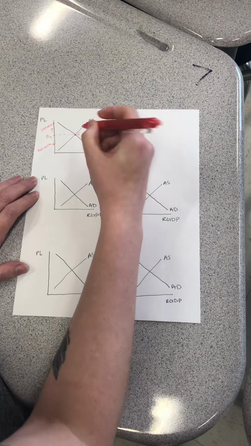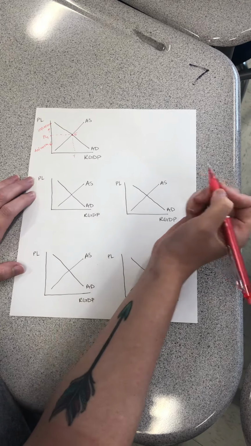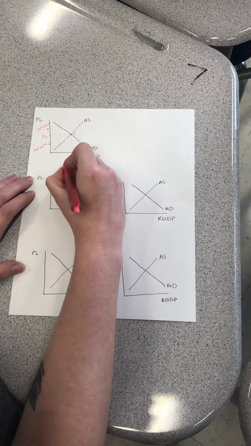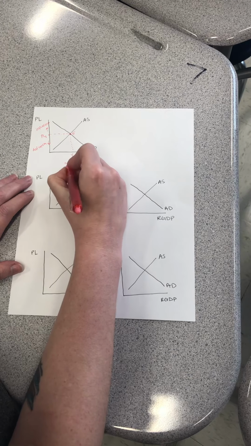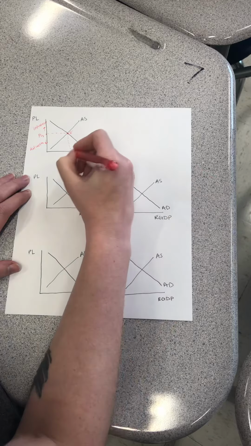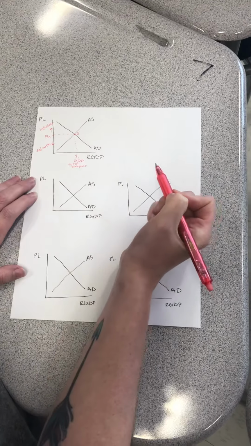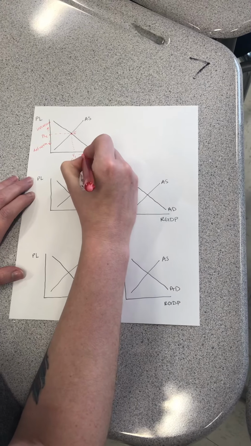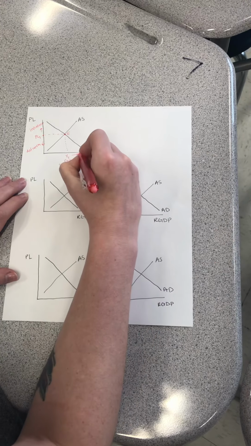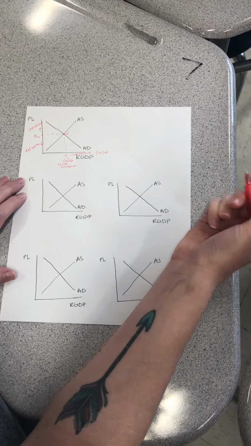If we follow the equilibrium down to the x-axis, this is where we get what we say is Y, or our total output. This is how much we're producing. So Y is called total output, but what it really means is GDP. So Y represents our GDP. If we move this way from equilibrium, this means that we have more GDP, which means more output.